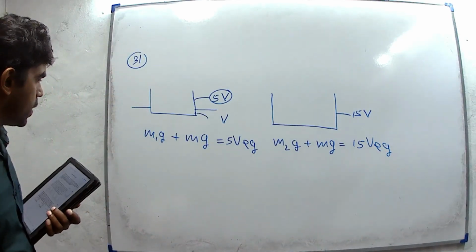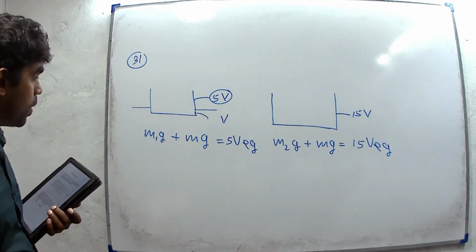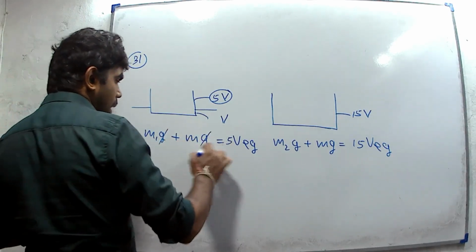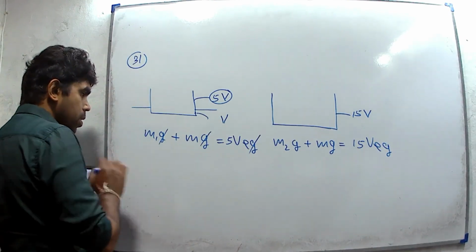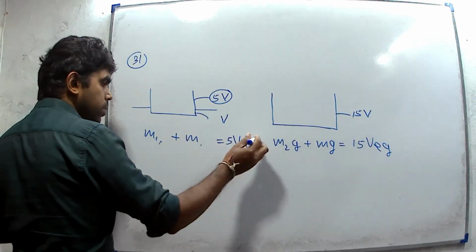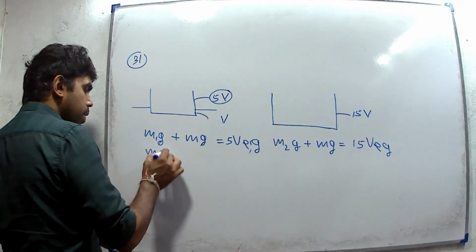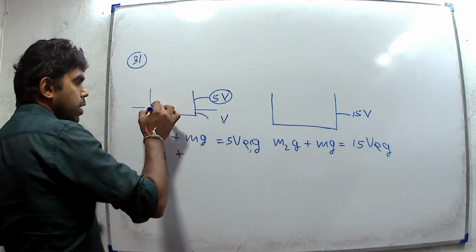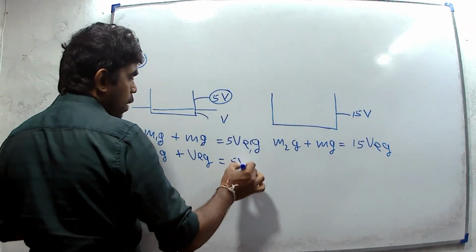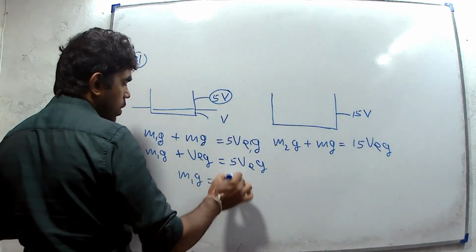Now we have to get the ratio between m1g and m2g. Mg is given by the immersed portion, V rho g. From 5V rho g, we can get m1g equals 4V rho g.